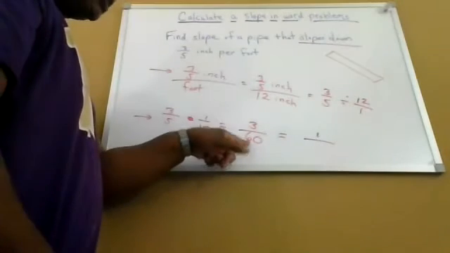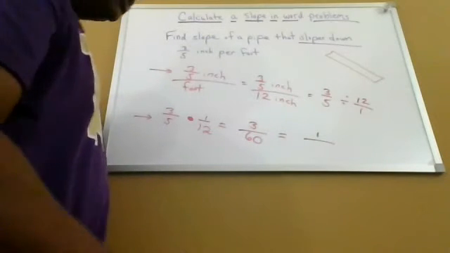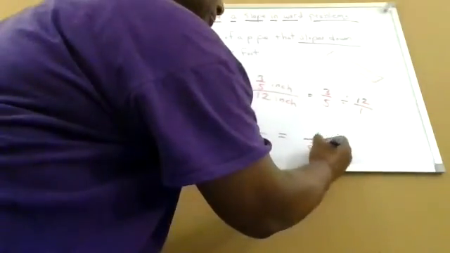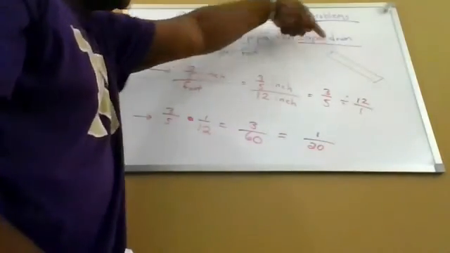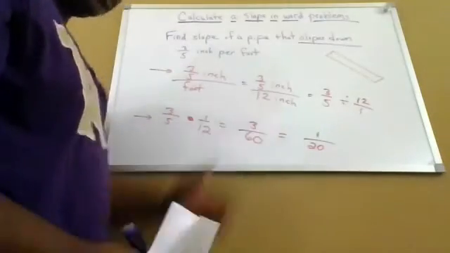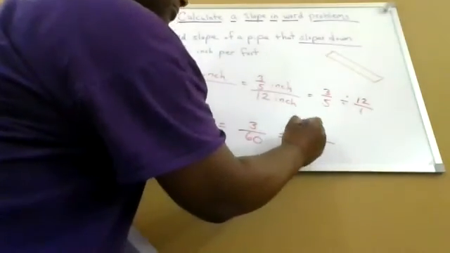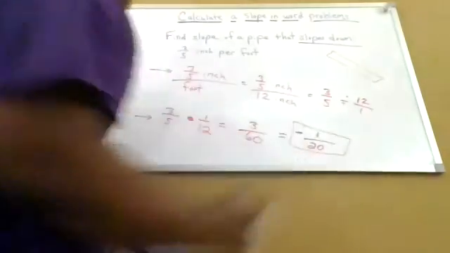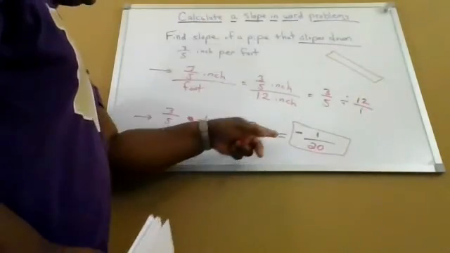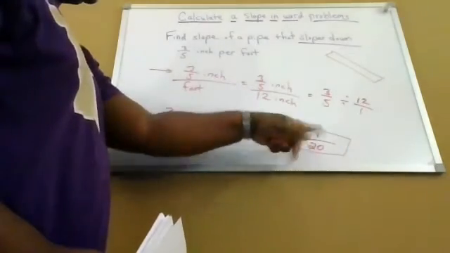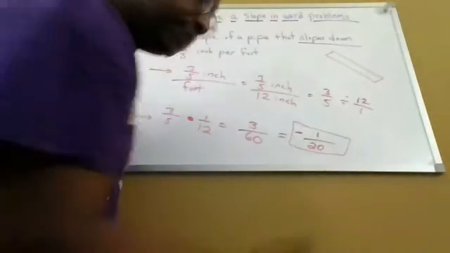And now I divide 60 by the greatest common factor 3, and that leaves me 20. And since the problem told us that the slope is downward, I know I have to include a negative sign. So the slope for this pipe is going to be negative 1 over 20 inches. And I just put I N for inches.